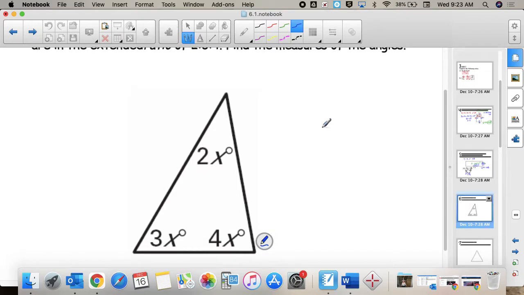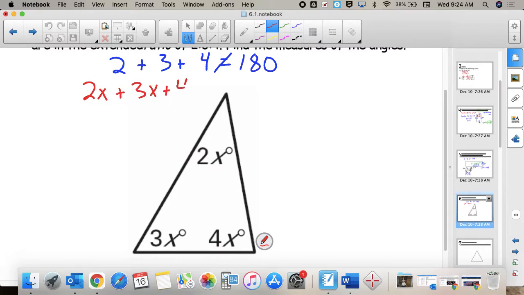Well, the ratio 2:3:4, the only thing we know about the angles of a triangle is they have to add to 180. Well, 2 plus 3 plus 4, which is the ratio we're looking at, does not equal 180. However, some multiple of it will. So I multiply the 2 by x, the 3 by x, and the 4 by x.